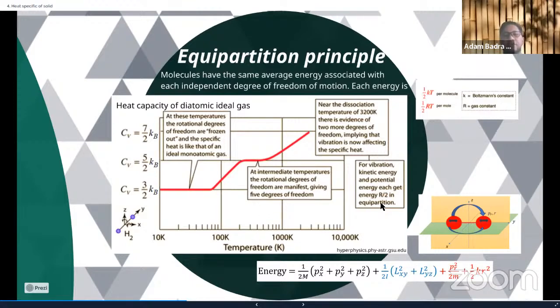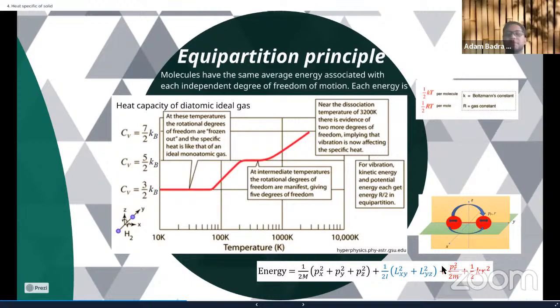And lastly, at higher temperatures, there is vibration. The H2 can vibrate along this direction, and because of that there is an additional kT. These two terms are associated with the kinetic and potential energy of the vibration.